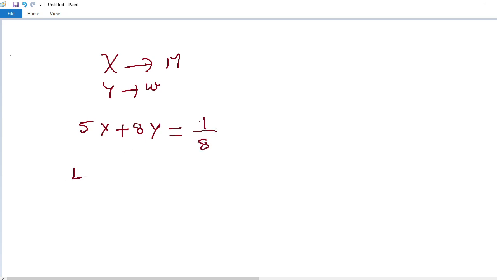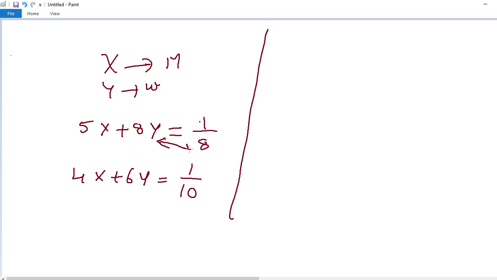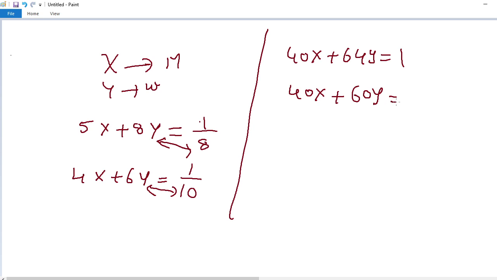Similarly, 4 men and 6 women can complete the work in 10 days. So one day they complete 1 by 10. So simple cross multiplication, we get 40x plus 64y is equal to 1. Here also simple cross multiplication. So 40x plus 60y is equal to 1.